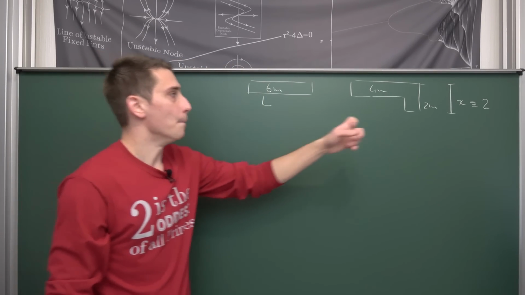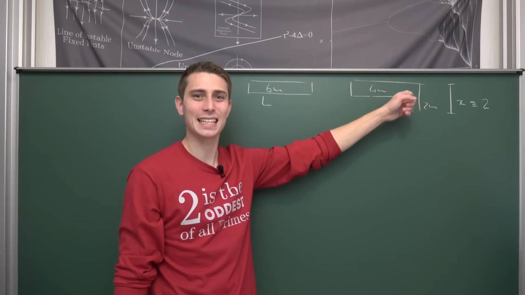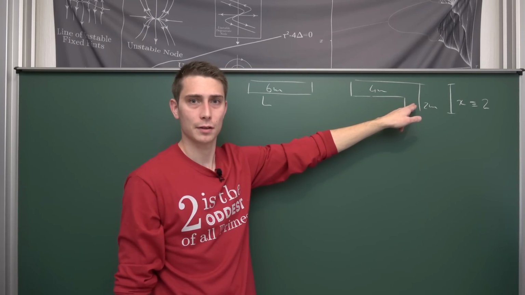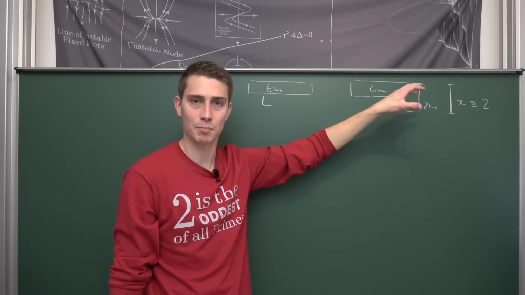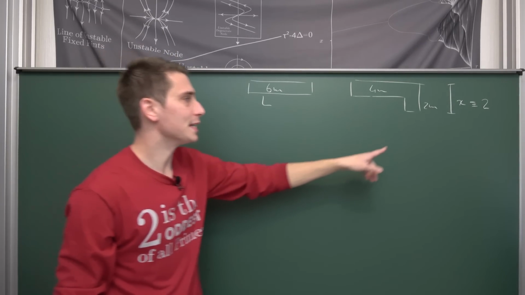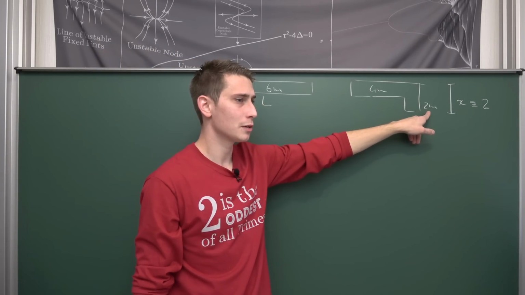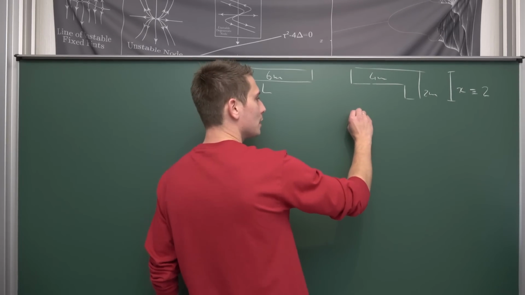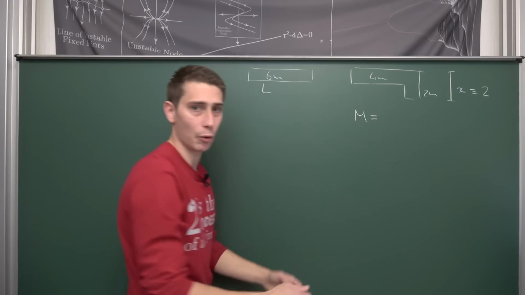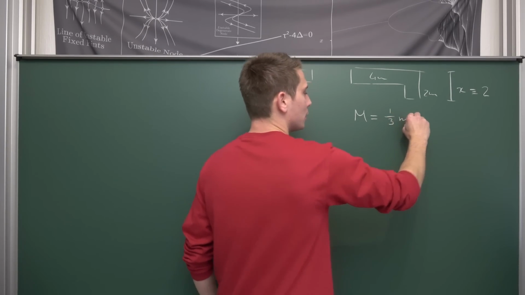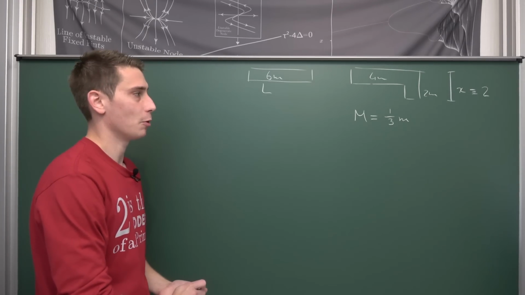Now, what is the mass that is now hanging down off the table? If 2 meters are hanging down and we suppose that the mass is being uniformly distributed along the whole rope, then 2 of 6 is 1/3 of the mass only hanging down. So our capital M, our mass that is hanging down, is going to be 1/3 of the total mass of the object.